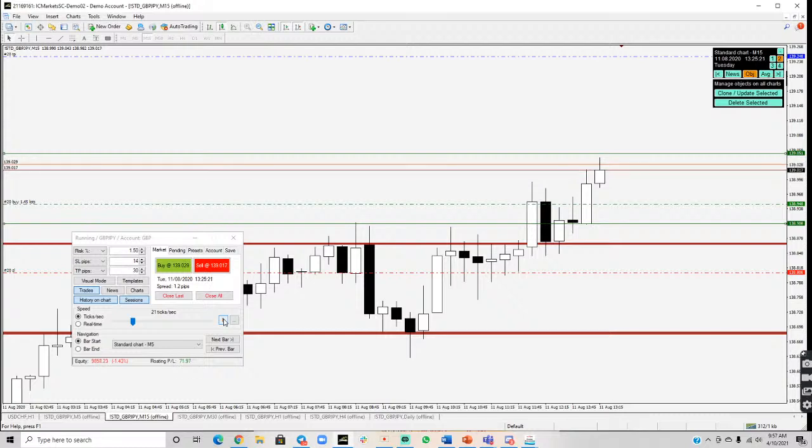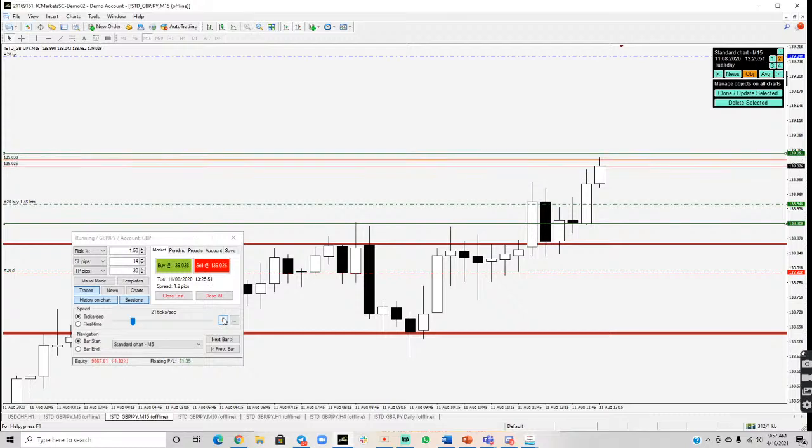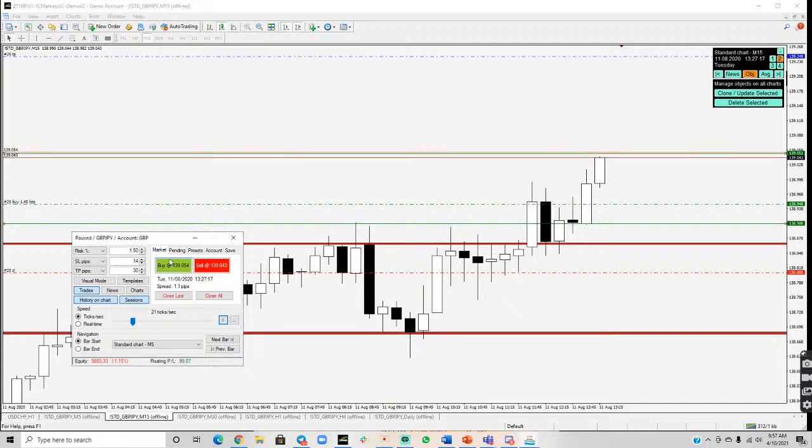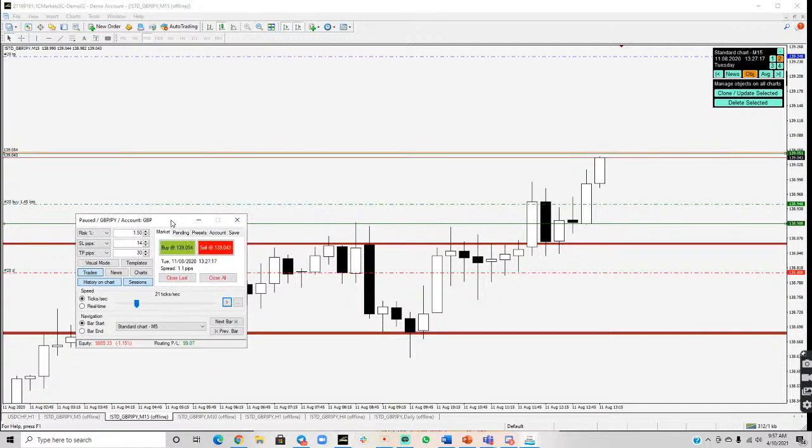So we need it to about 0.50. This is like 10 pips.